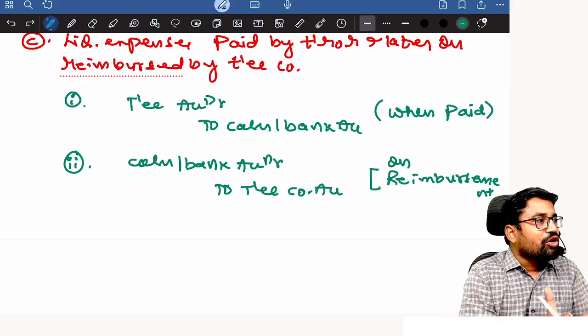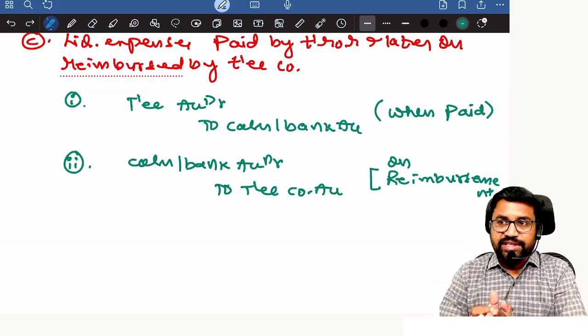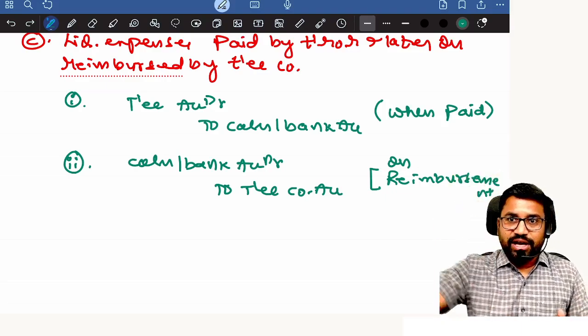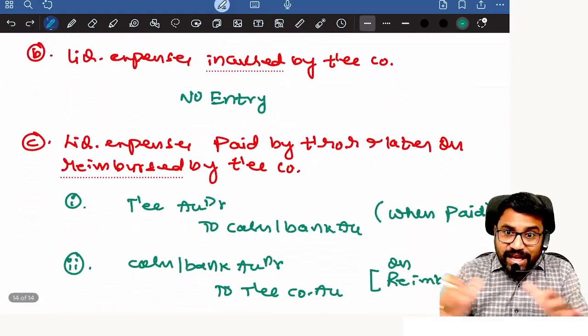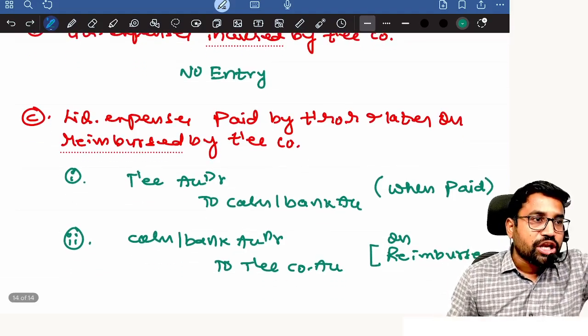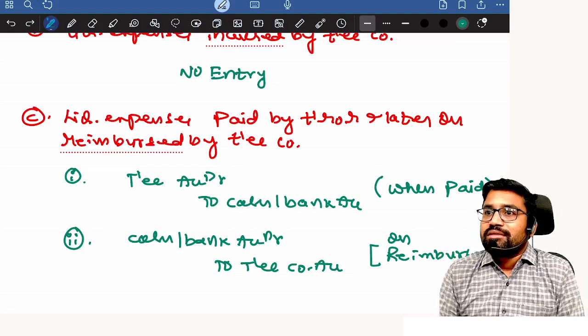They are collectively called liquidation expenses. Now if these expenses are borne by transferor, realization to cash or bank, that is the first case. Sometimes in the agreement itself, transferee company says, we will pay directly, you need not worry. Then in my books, no entry.